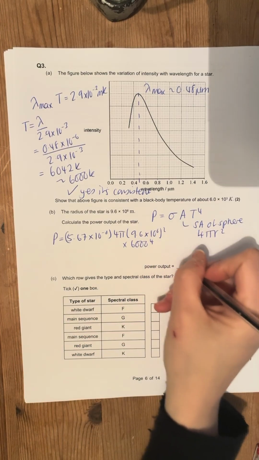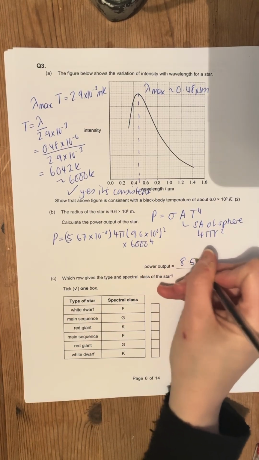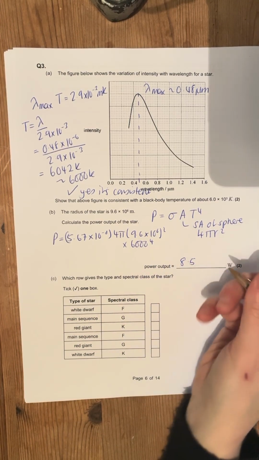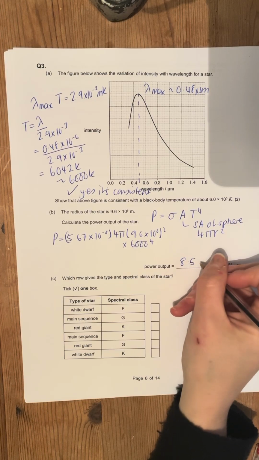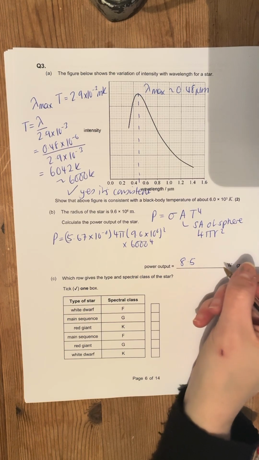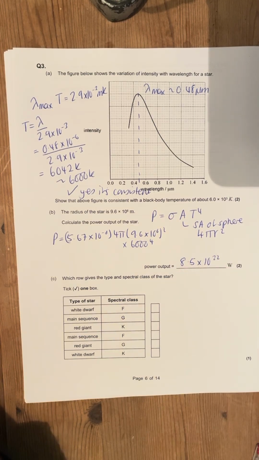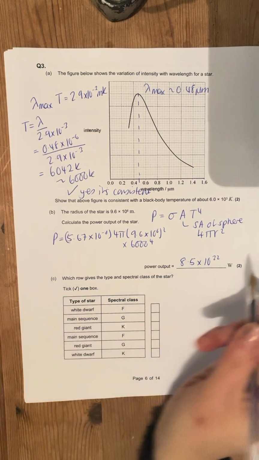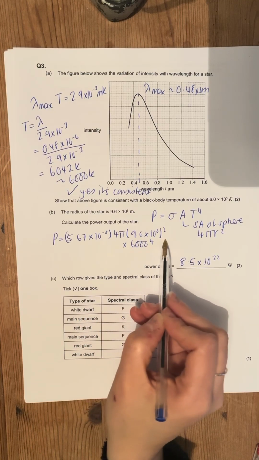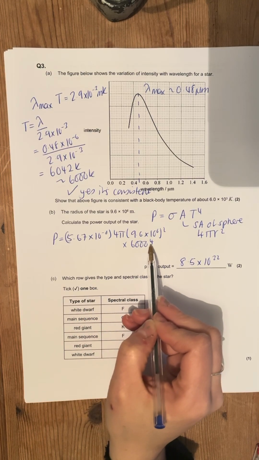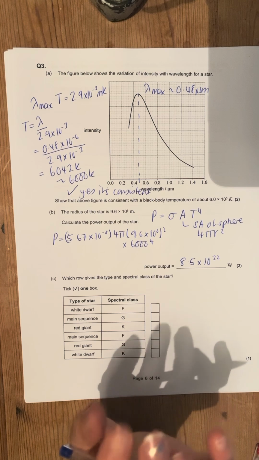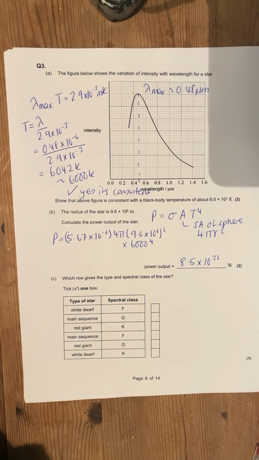And then that comes out as 8.5102, but let's write it to 2 sig figs because that's what everything else is written to. 8.5 times 10 to the 22 watts. Lots of people that I marked got that wrong because you either did a circle, not a sphere, or didn't do to the 4 or something like that. So just be careful there because that's an easy question.